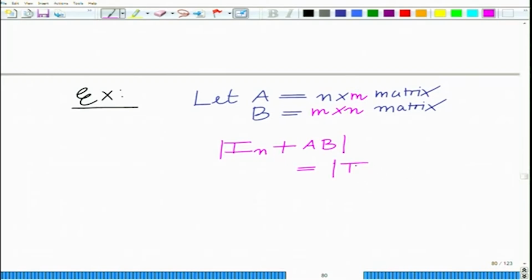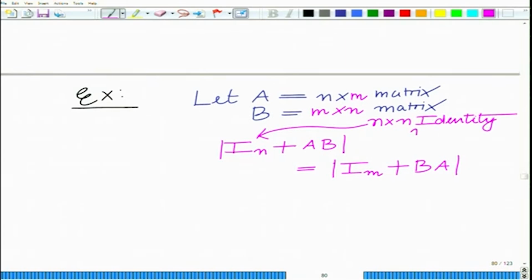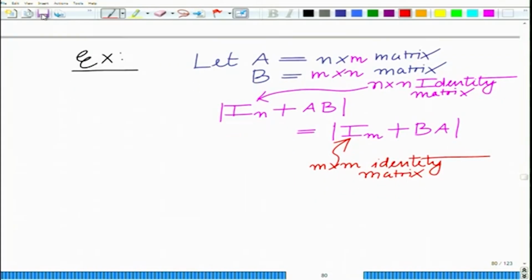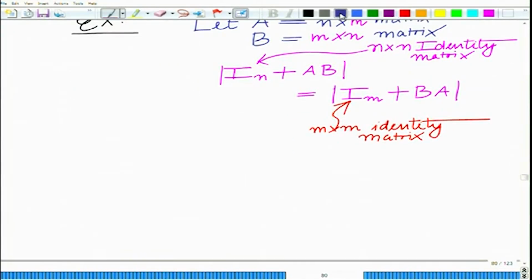So, we want to show this, where In is the n cross n identity matrix, and this, on the other hand, is the m cross m identity matrix.